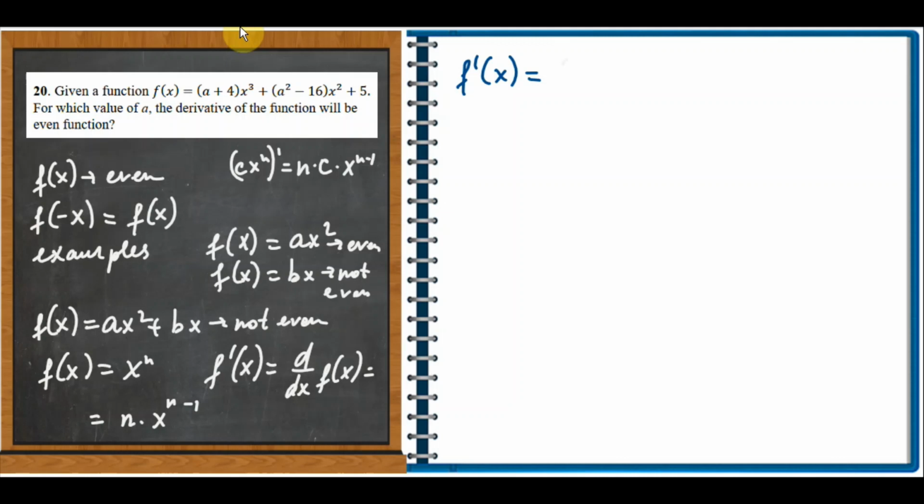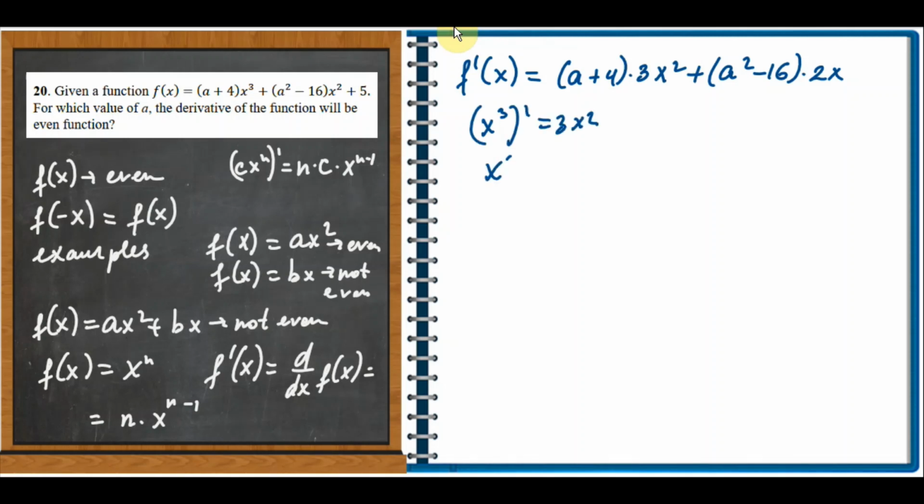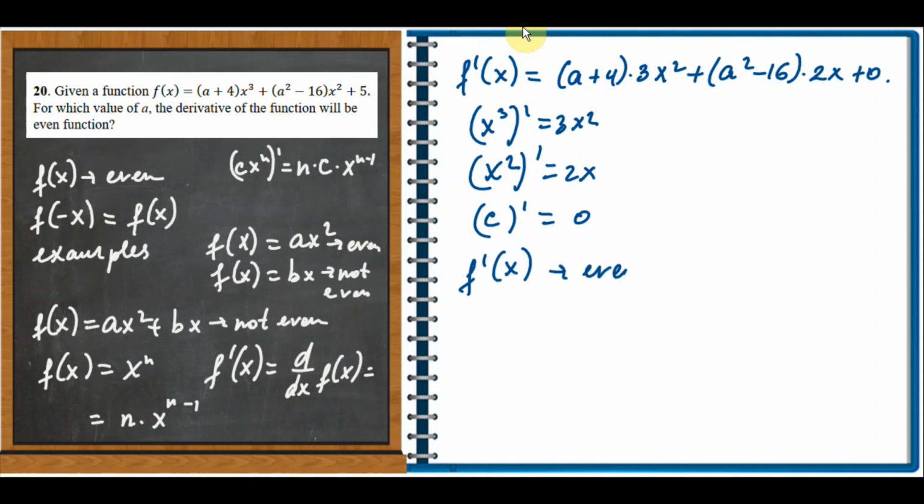So it will be a plus 4, that's a number, that's a constant. x cubed will be 3x squared plus a squared minus 16 times 2x, because x cubed derivative is 3x squared, x squared derivative is 2x to the power 1, we don't write 1, plus 5, the constant derivative is just 0.